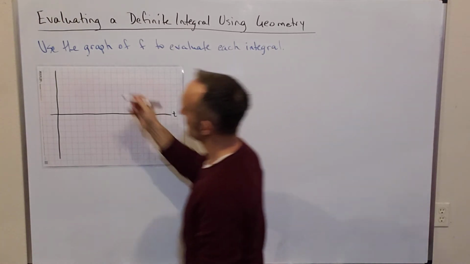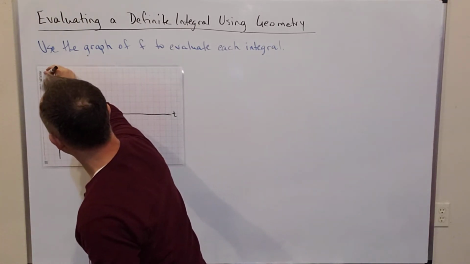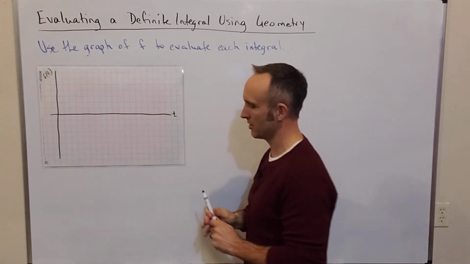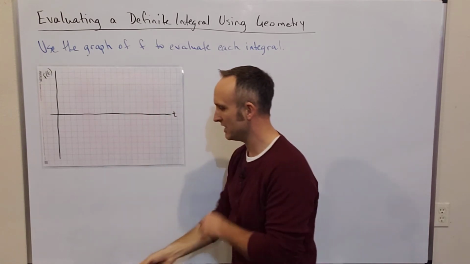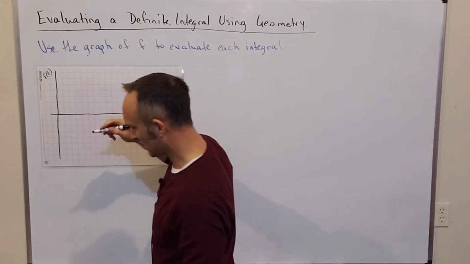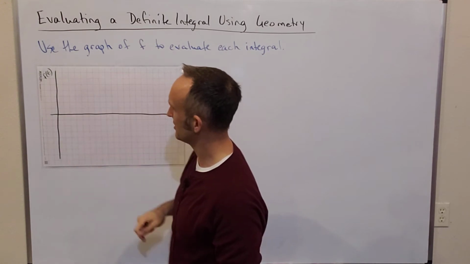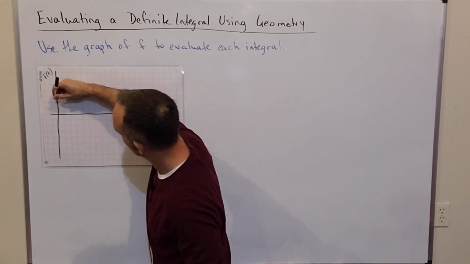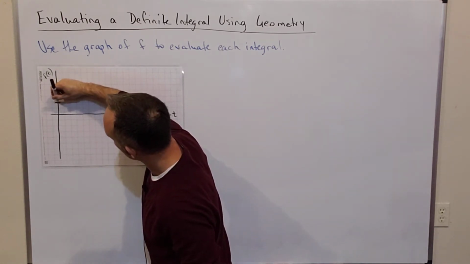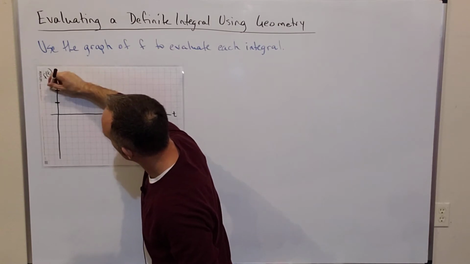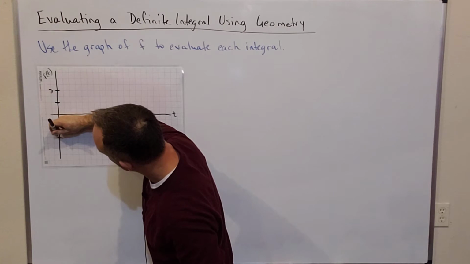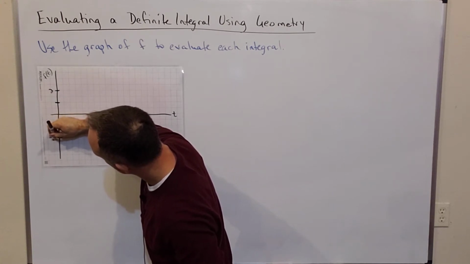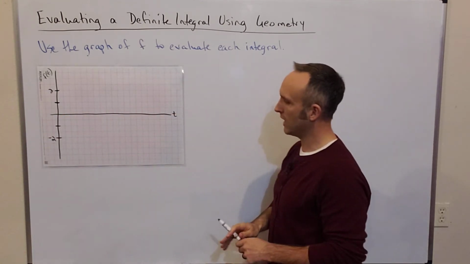So that's t, and then this would then be f of t as your y-axis, of course. So let's set up a scale on the t-axis and a scale on the f of t-axis. I need to go up to 2 and down to -2 on the y-axis, so I'll call that 1 and I'll call that 2. So -1, -2, okay?